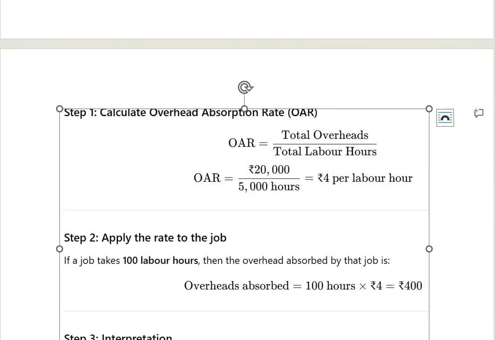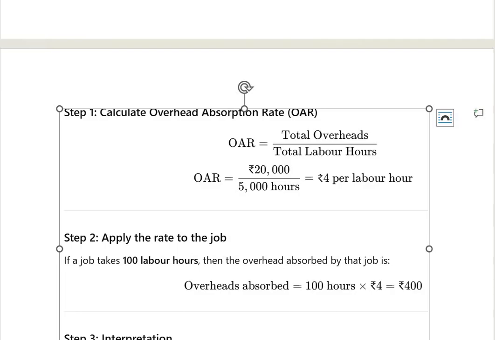In this case, step number one, we are going to calculate the overhead absorption rate. We take the total factory overhead divided by total labor hours. The total factory overhead given in the question is rupees 20,000, divided by the total labor hours given, 5,000 hours.